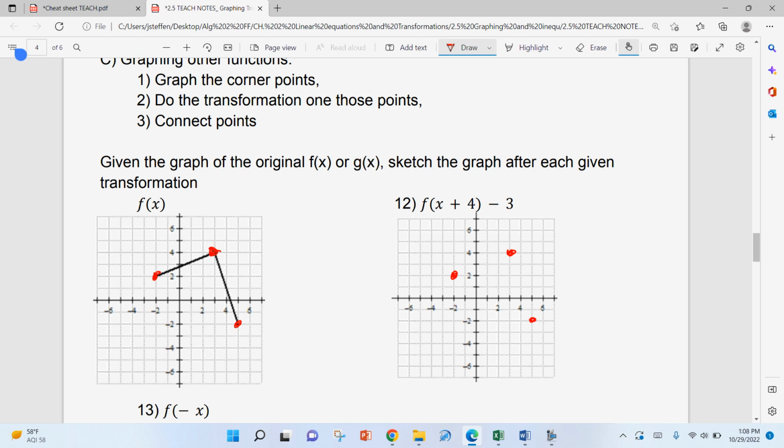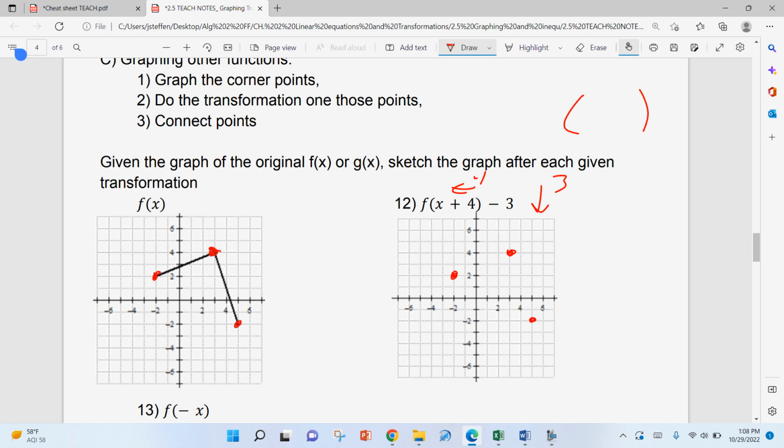So we're starting with those corners, and then this is where you could use that table that I did in 2.4 at the very end of the lesson where we were moving the ordered pairs. I gave you a table. If you want to use that, you can, but really just move each one of these points, kind of what they say. And again, that table helps for some of them, but especially left, right, up, and down, that table's not going to help a lot, because literally all you do, -4 is to the left 4, down 3.